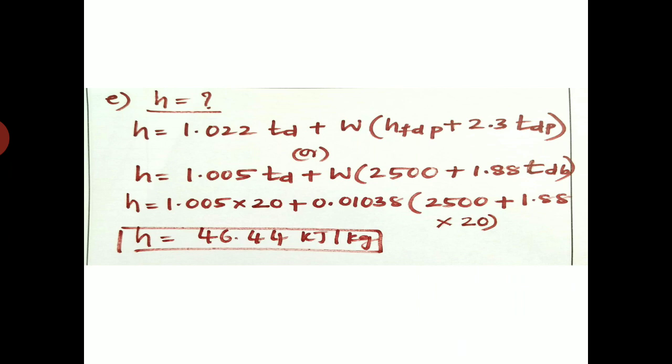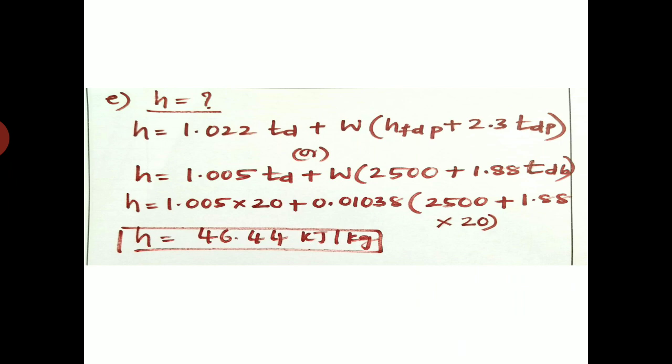Or the equation can also be written as 1.005 T_D, dry bulb temperature, plus specific humidity W into 2500. If you refer to steam tables, h_g at dew point will come as 2500 plus 1.88 dry bulb temperature. So at the most, you can remember this second equation, that is 1.005 T_D.